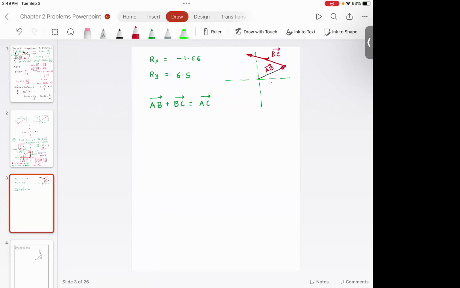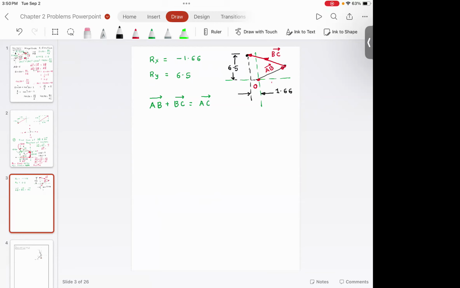If I go minus 1.66 units in x direction, where is minus 1.66? If I go here, this is minus 1.66. And if I go positive 6.5, I reach the same point.